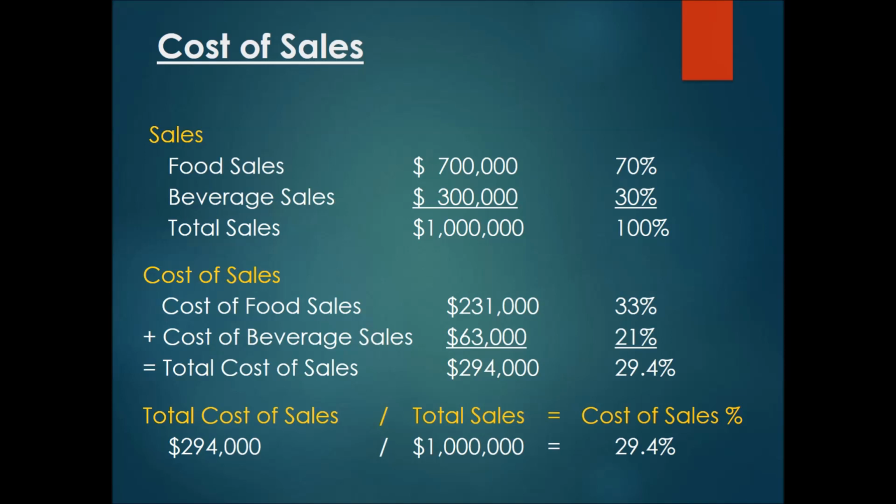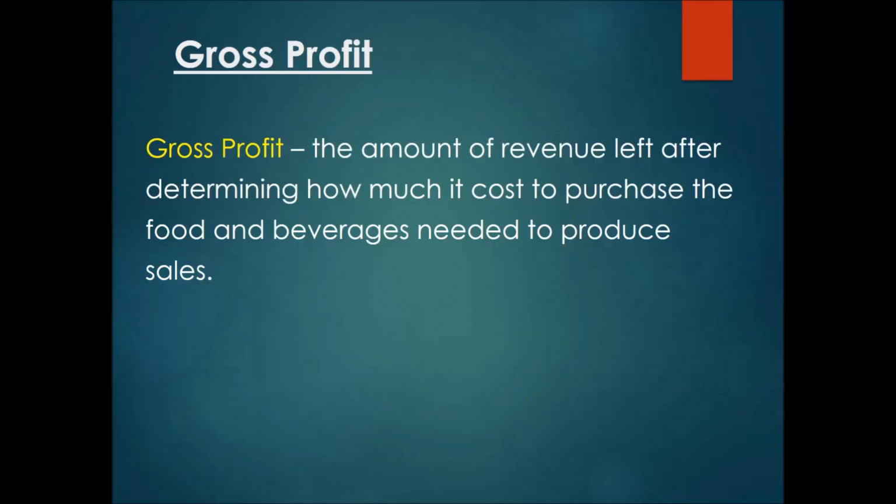If we subtract those two, take that million and subtract 294 from it, we would get what we call our gross profit. Gross profit is the amount of revenue that's left over after determining how much it costs to purchase the food and beverage needed to produce those sales. So it's the amount of revenue that remains after calculating the dollars spent to purchase food and beverage items.